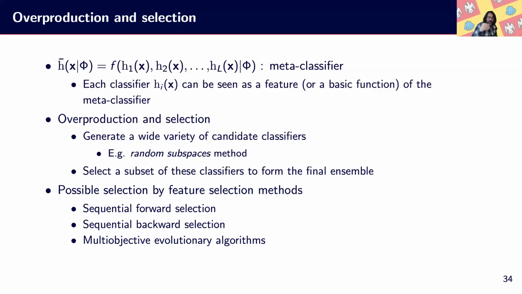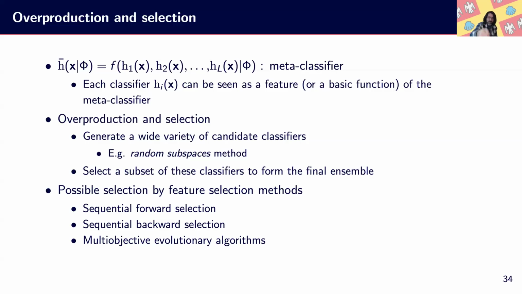Let's pick one model from the set of models we produced as base classifiers, the one that is performing the best first. Then we take the second one that, when added to the first as an ensemble, performs the best.